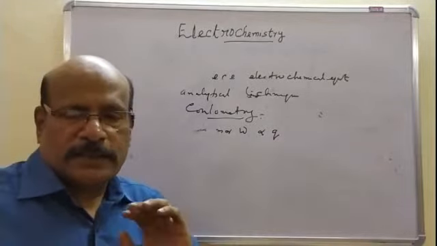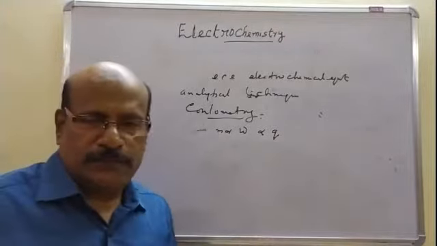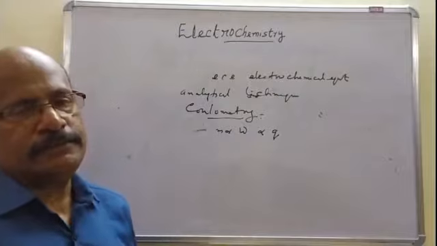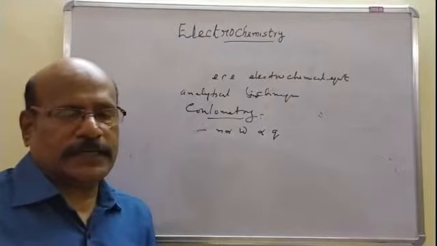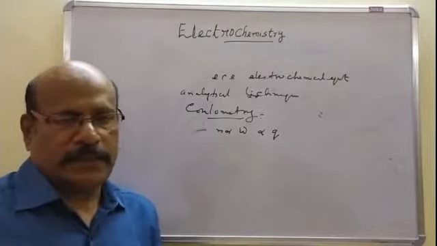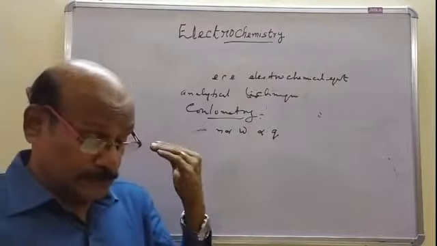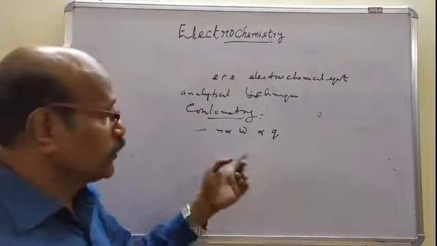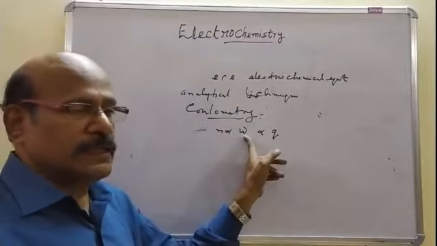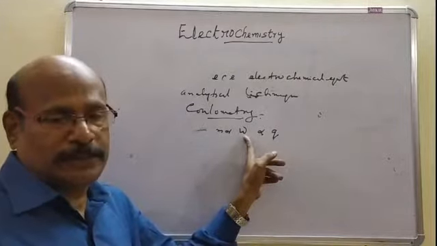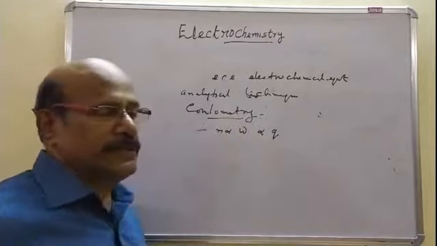Suppose we pass an appropriate quantity of current for an appreciable length of time to produce the complete decomposition of the material. Then we can estimate the amount of the material not by weighing it but by determining the quantity of the current.